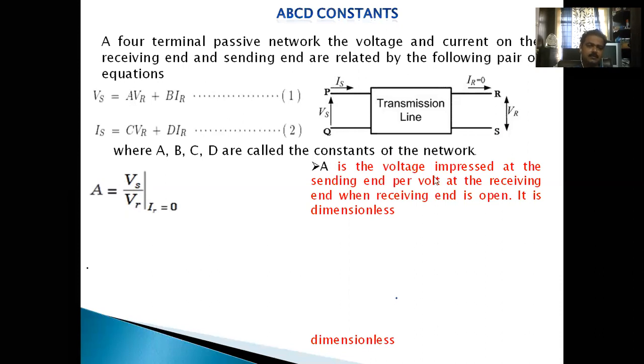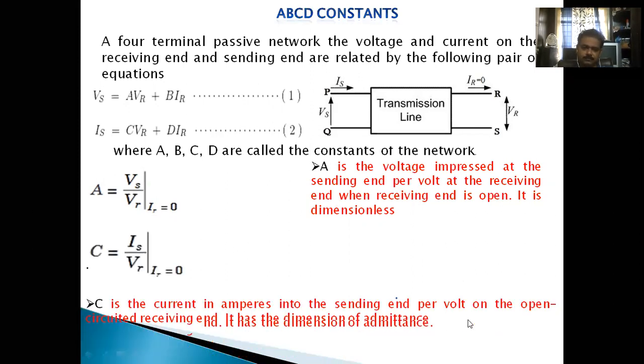So A is the voltage impressed at the sending end per volt at the receiving end when the receiving end is open circuited. Its units are voltage by voltage, so it is a dimensionless quantity.